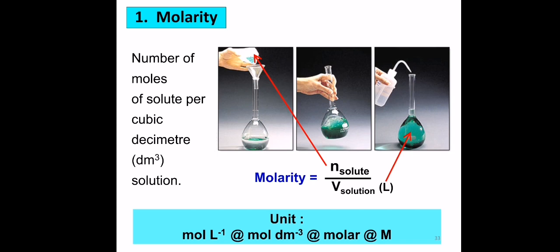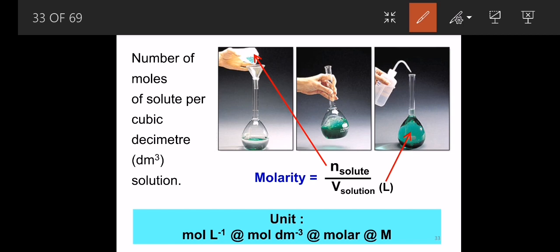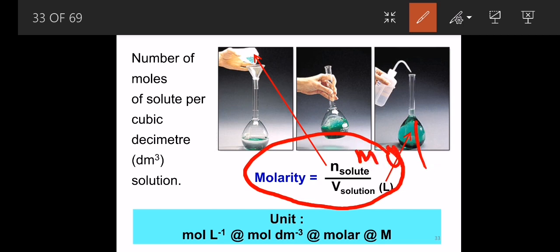Or you can write down the formula: molarity equals n solute divided by volume of solution in liter. So always the unit for the solution is in liter. And the unit for n solute is, of course, mole. So the unit for molarity is mole per liter.